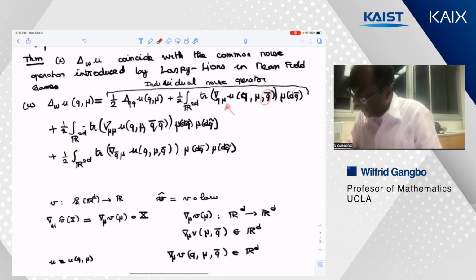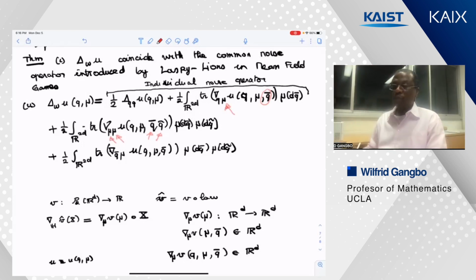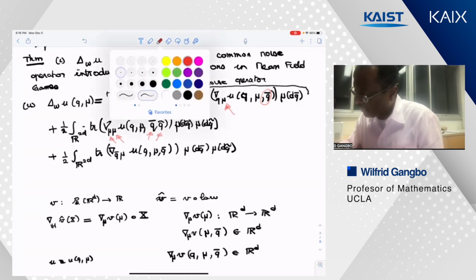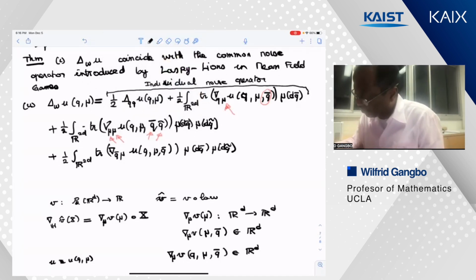Here, I have two arguments, Q bar and Q tilde, because I differentiated twice with respect to mu. You can also do all your computation in the Hilbert setting and try to interpret it in the set of measures, if you are more comfortable with the Hilbert setting formulation.